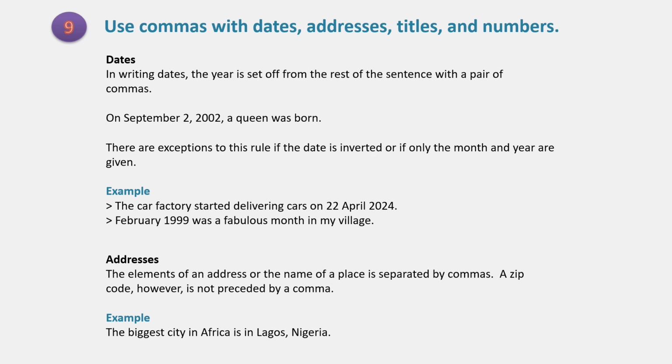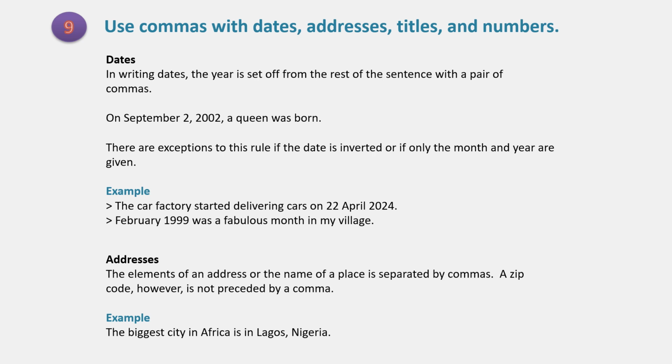So use commas with dates, addresses, titles, and numbers. So most of these, I believe you will already be aware of. So in writing dates, the year is set off from the rest of the sentence with a pair of commas. For example, on September 2, 2002, a queen was born.